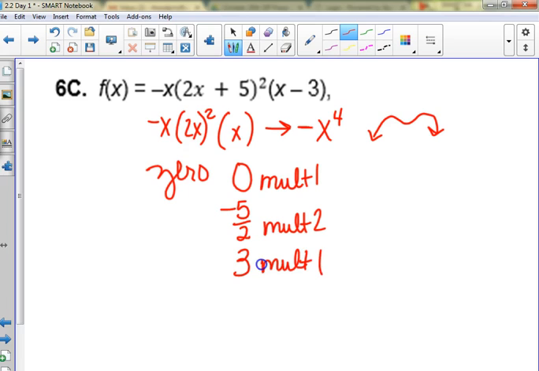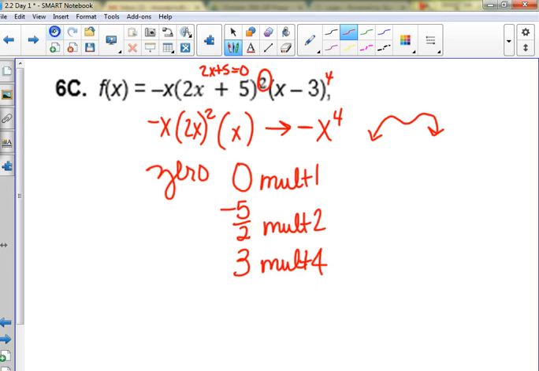Who doesn't have any idea what I'm talking about? Everybody in here gets the multiplicity thing? Here, 2x plus 5 equals 0 is where I got the -5/2, okay? The multiplicity means this exponent here. So if this had a 4 on it, this would be multiplicity 4. Is that better? Yeah.